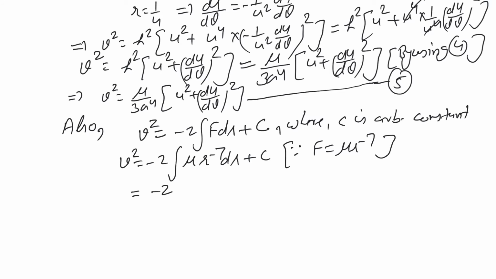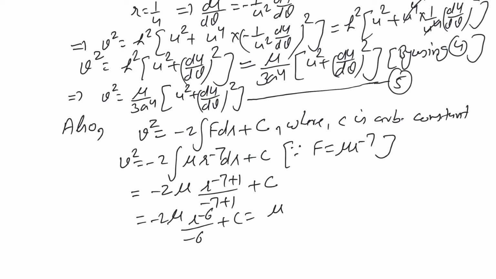We have already discussed these two formulae for the velocity, and I am using mu as a constant quantity. Minus 2 mu times r^(minus 6) by (minus 6) plus c, which is mu by 3 r^6 plus c.